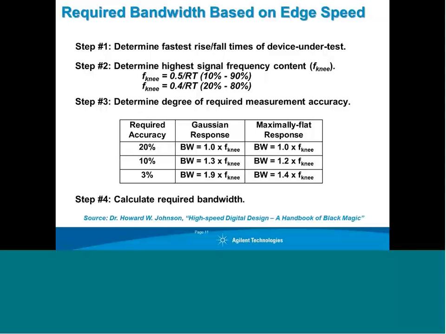If 20% accuracy in making rise time measurements on that signal is sufficient, then you can choose a scope with a bandwidth equal to the knee frequency. At the other extreme, if you want extreme accuracy within 3%, then you may want to choose a scope that has, if it's got a Gaussian response, 2 times that knee frequency. If it's a maximally flat response scope, then approximately 1.5 times.